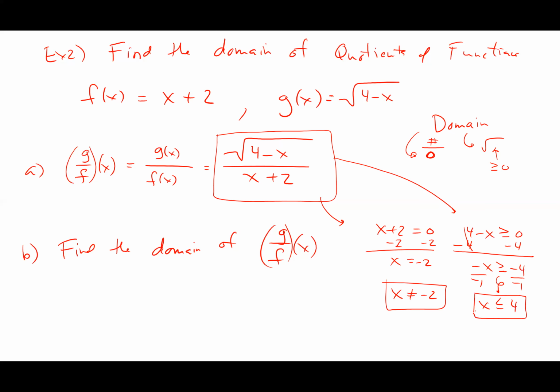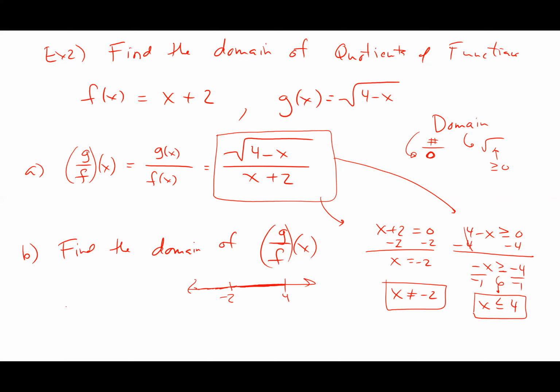The domain of this function is the fact that x cannot be equal to -2, and also that x has to be less than or equal to 4. Well, don't you see that x is less than or equal to 4, but as you go along this line here, notice you are going to run into -2 sometime. All right, so here's the way we write it. Two different ways to write it.